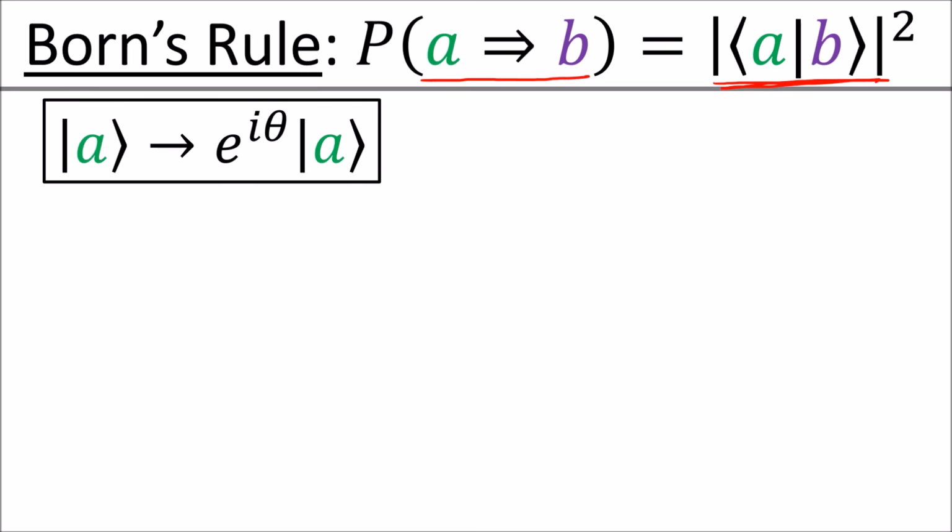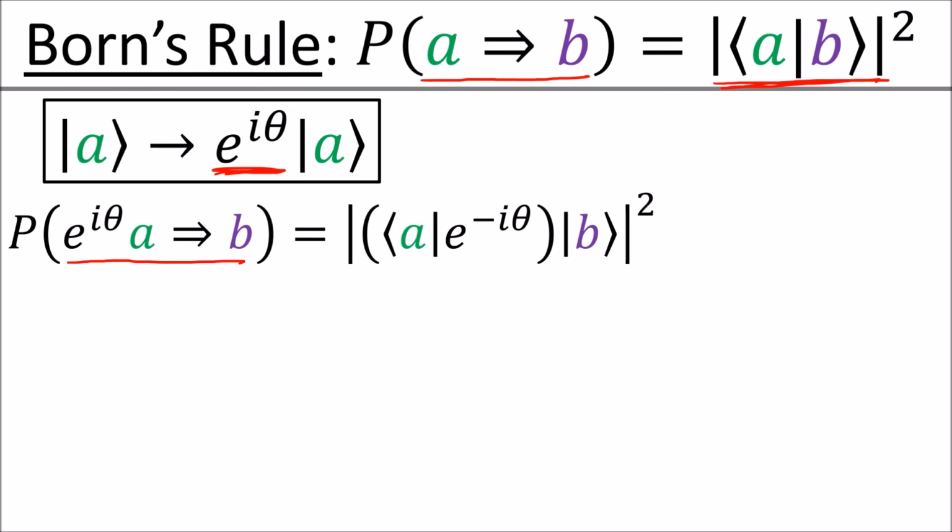Now, let's modify the state A by giving it a complex phase factor e to the i theta. If we now calculate the probability of our new A state collapsing into state B, we get the squared magnitude of this inner product. The phase e to the i theta gets a negative sign due to the required Hermitian conjugate.